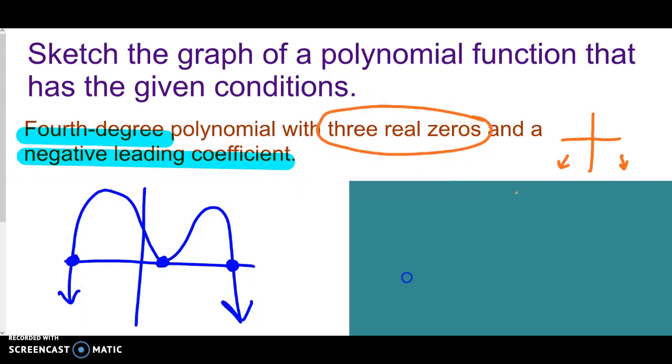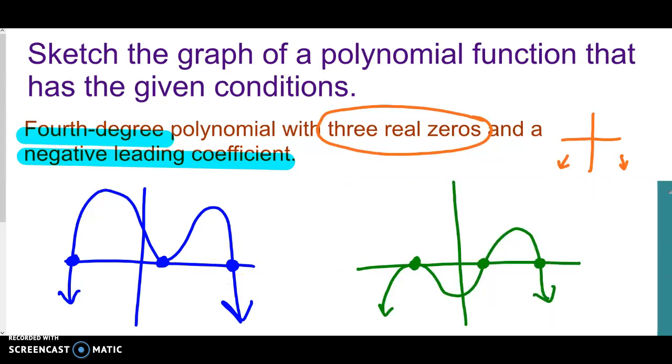So here's one graph I came up with. It has the correct end behavior. It has 3 real zeros, 1, 2, 3, right? It has a bounce here, which gives it that 4th degree. 1 root, 2 roots, just think of that as a double multiplicity, and 3 roots, or sorry, that's the 4th root. So 1, 2, 3, 4.